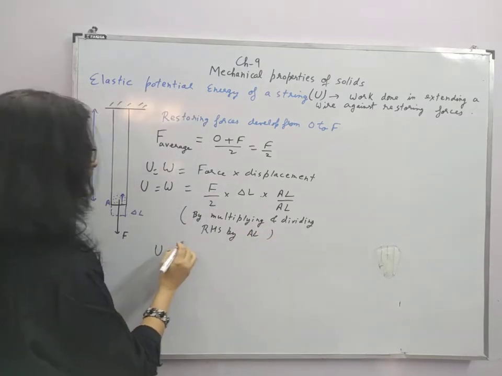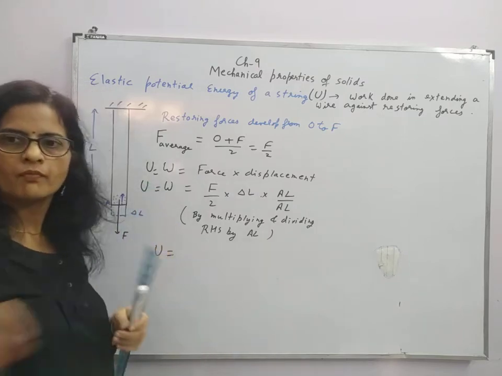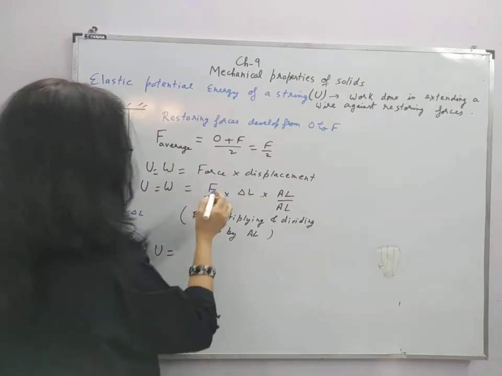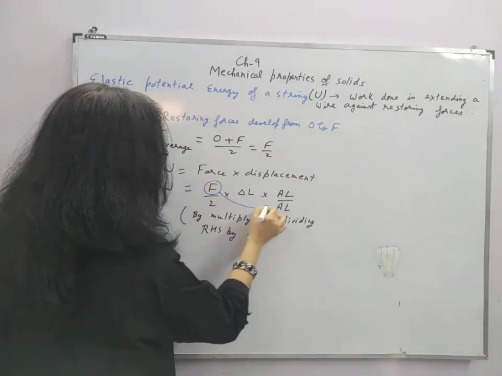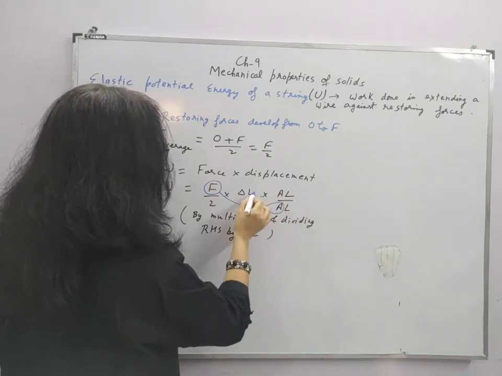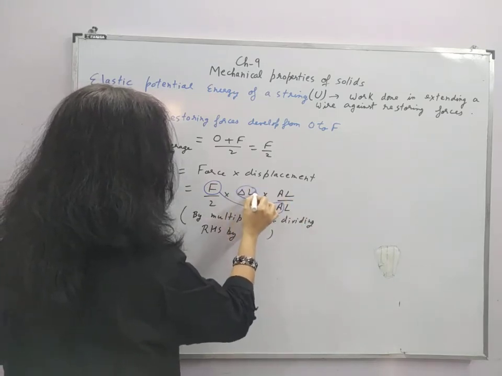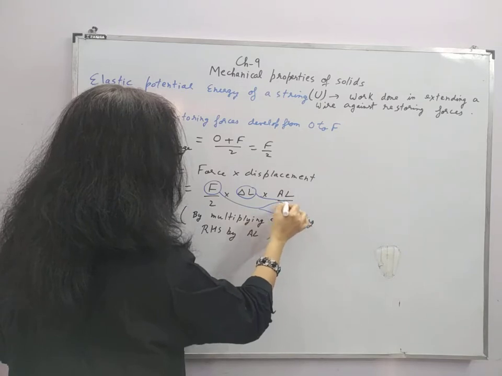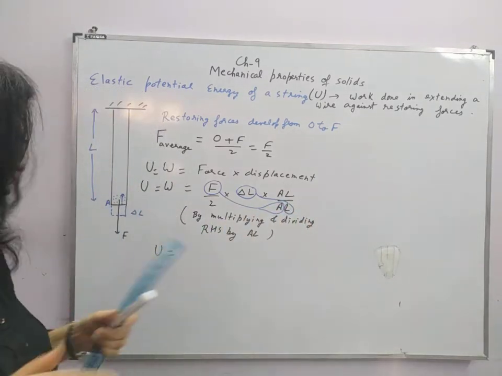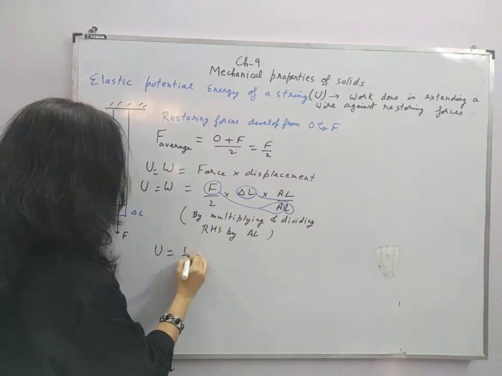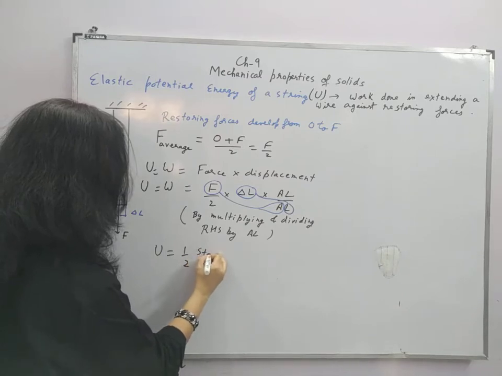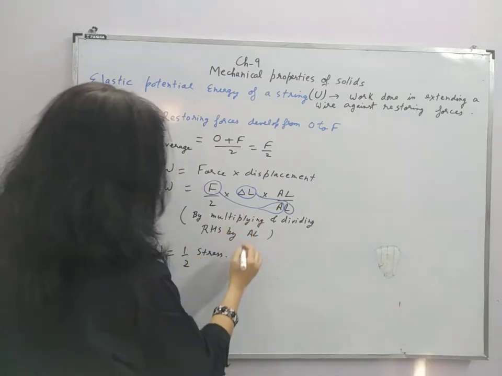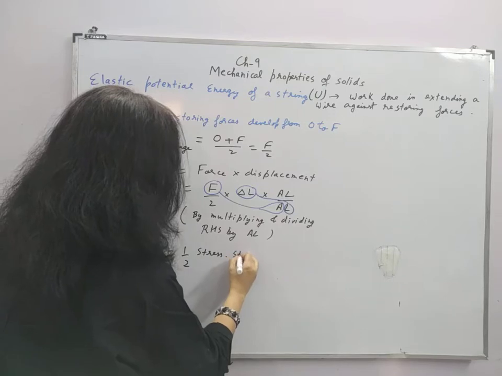U is equal to, this can be clubbed together, F and A, and delta L and L can be clubbed together. So this can be written as half, F upon A is what? Stress. Strain is what? Delta L upon L. So this is strain.